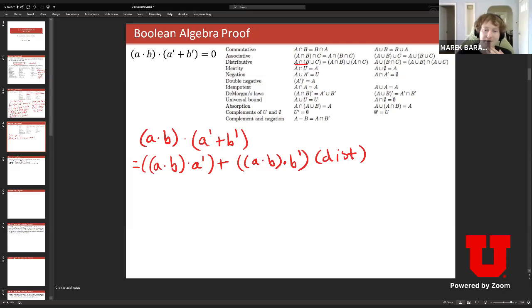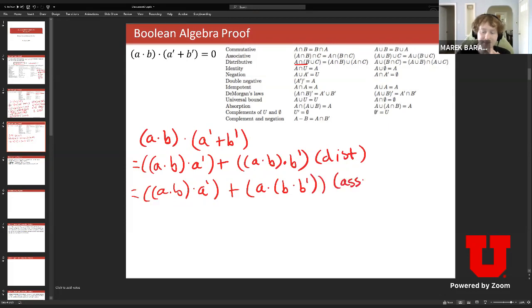So maybe I'll do part of this and then someone can help me do the other half. I'm going to use the associative rule here. So I'm going to get A times B prime. That's by the associative property. And then if we look, we can use negation. So we have an intersection. So we get A times B times A prime plus A times 0.